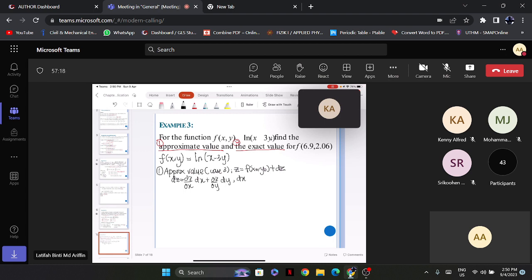And dx equals x1 minus x0, and dy equals y1 minus y0.